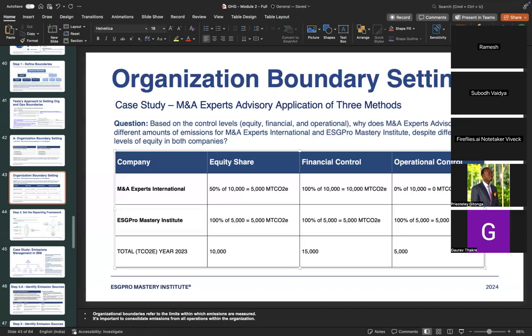Now, just imagine a scenario if you are sitting with only 5,000. Of course, it is under your control. You can do a lot of stuff, but how much improvement will you show to your decision maker? If I am on the board and you come and present to me next year, you can say 5,000, I have removed carbon dioxide from my company.